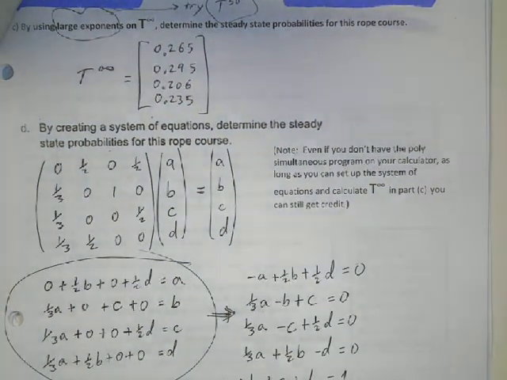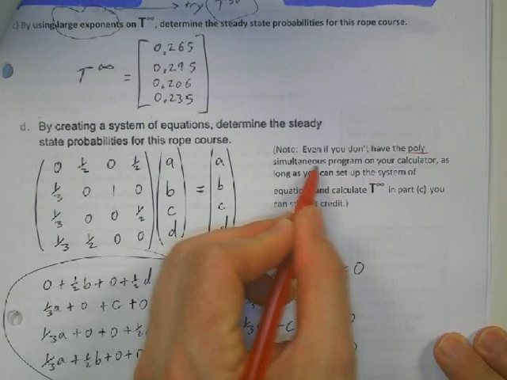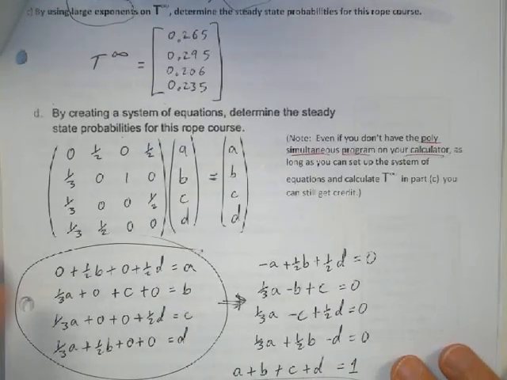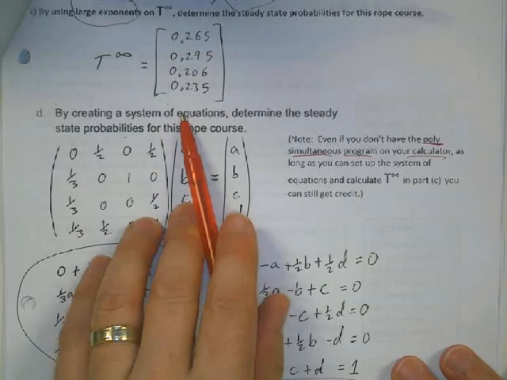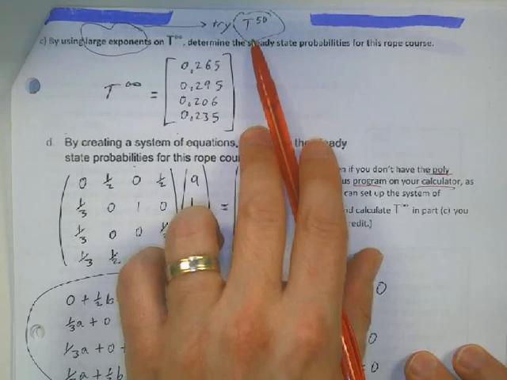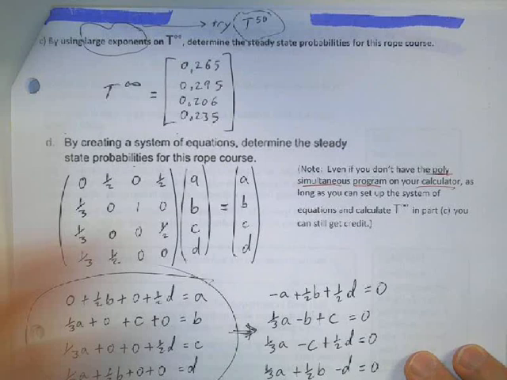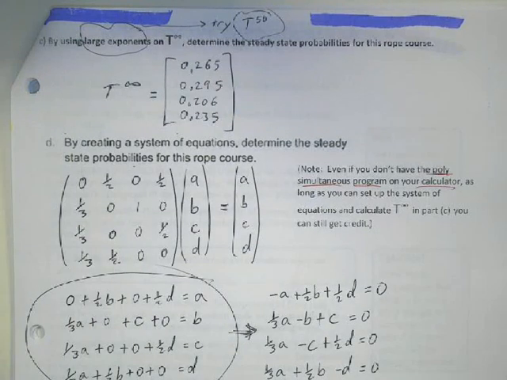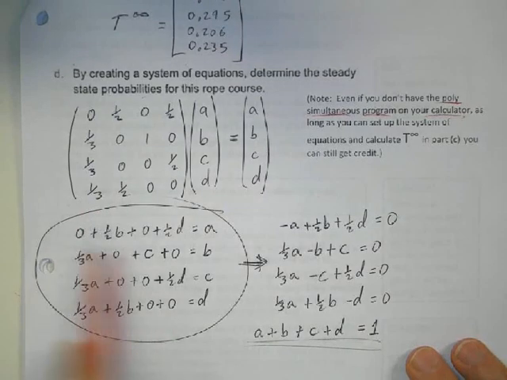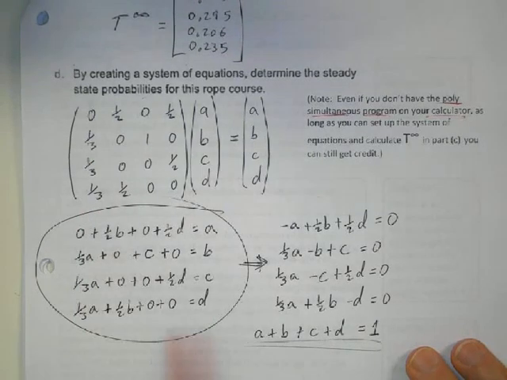Now, if you are having difficulty using the polynomial simultaneous program on your calculator, don't worry about it at all, because seriously, all they really want to know is, are you able to figure out when t goes to infinity, and we just try a big number. But on the IB test, they may want you to attempt to write this as a system, and then you already know the answer is going to be up here.